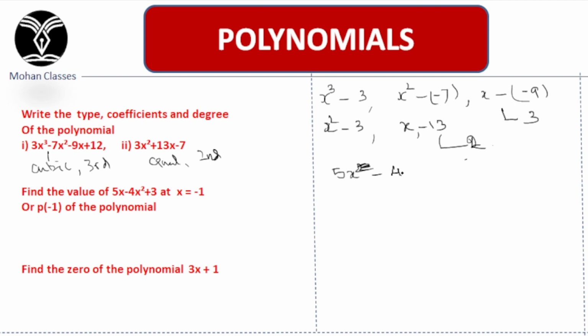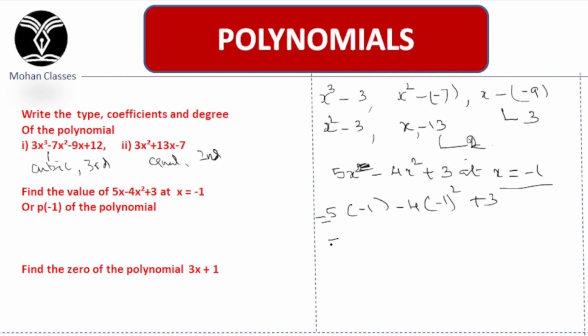Now we have to substitute the value of x in the polynomial. 5 into minus 1 minus 4 into minus 1 whole squared plus 3.